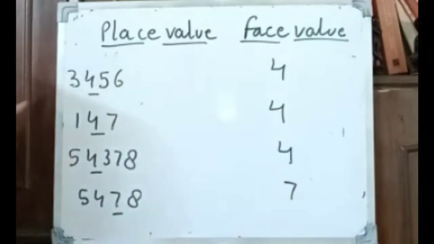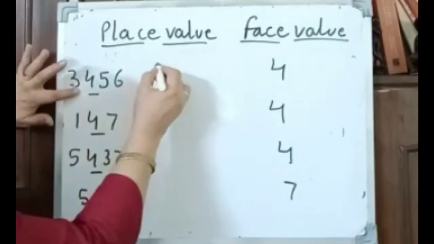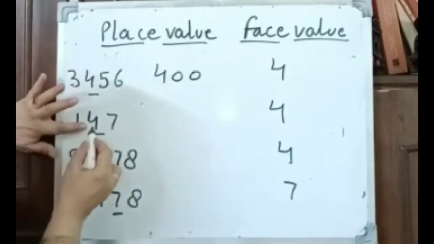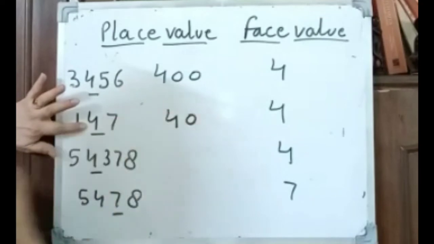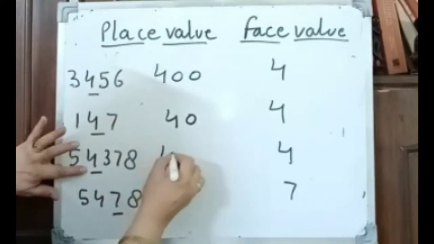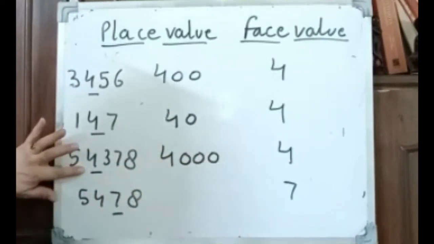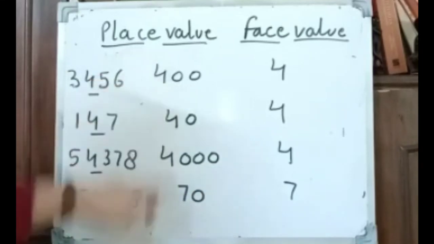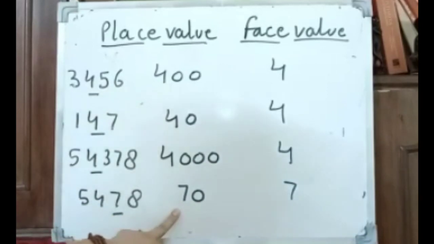Face value 7. Now the place value. For that, you go here, then after this. So this is 400. Here we have tens place, so here we have 40. Here 4 is in the thousands place, so here we have 4000. Here 7 is in the tens place. So the place value is this one. So you have to do sums like that.